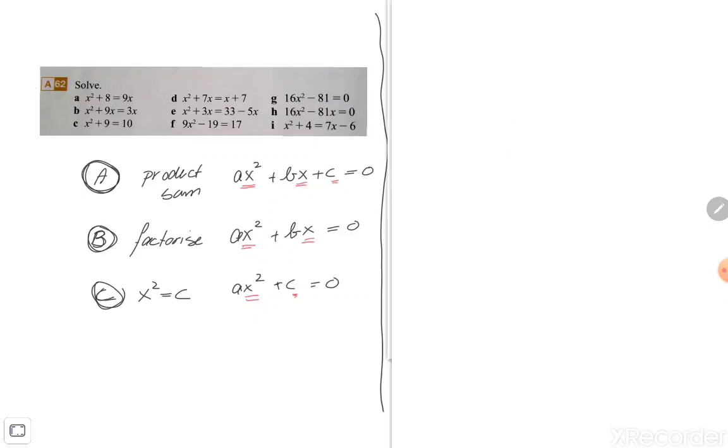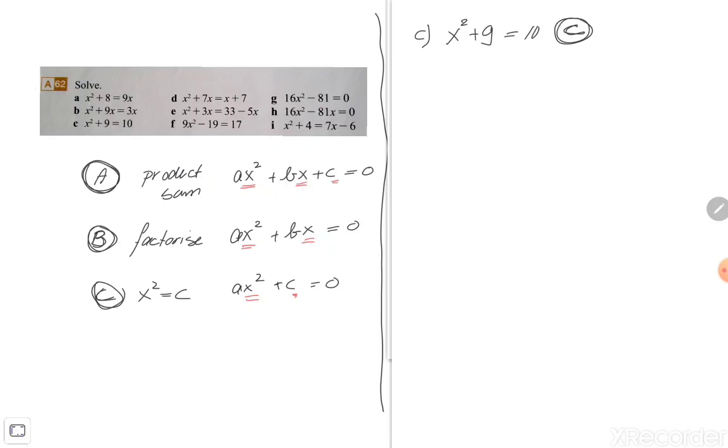Let me just go on with exercise C. Again, we're gonna look which theory we're gonna use. And in this case, I see only something with x squared and numbers. So we're gonna use theory C. Alright, so we need to create on the right side the numbers and on the left side the x squared.